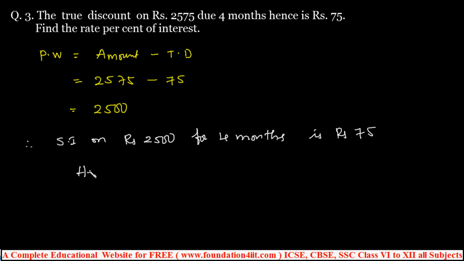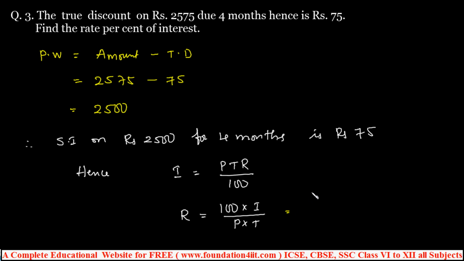Hence, we can find out the rate percentage because already we know the interest is equals to PTR by 100, right? From this, R is equals to 100 into I by P into T. Yes, so we can calculate using this formula.